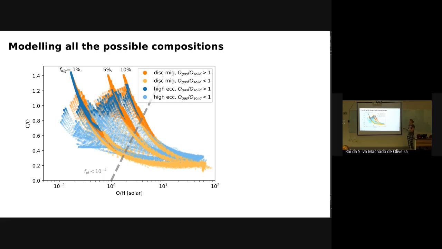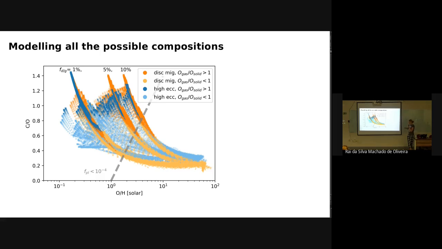And more solids in the form of planetesimals means more metal-rich final atmospheres. But from the line we had before to here, you suddenly figure out this is not as simple at all, because it's not like we have this one nice, neat little track. Instead, we have this whole mess.